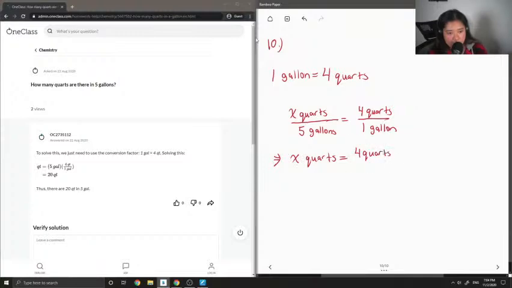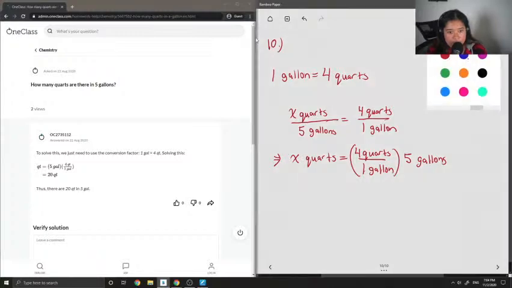I'm just going to show that we are going to multiply both sides by 5 gallons. And this is what I was talking about with the units. Your gallons should cancel out.